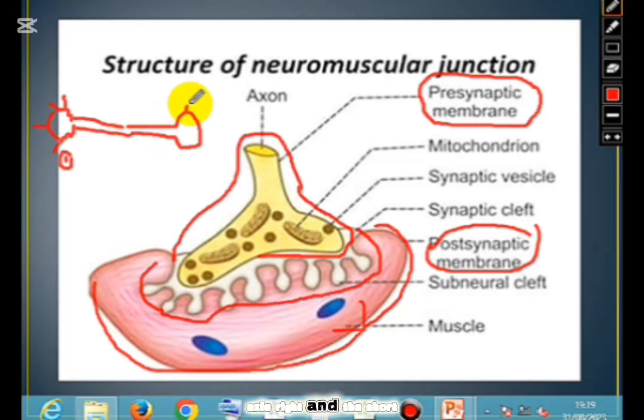And the short processes are over here. So you have two nerve cells coming together at this junction.